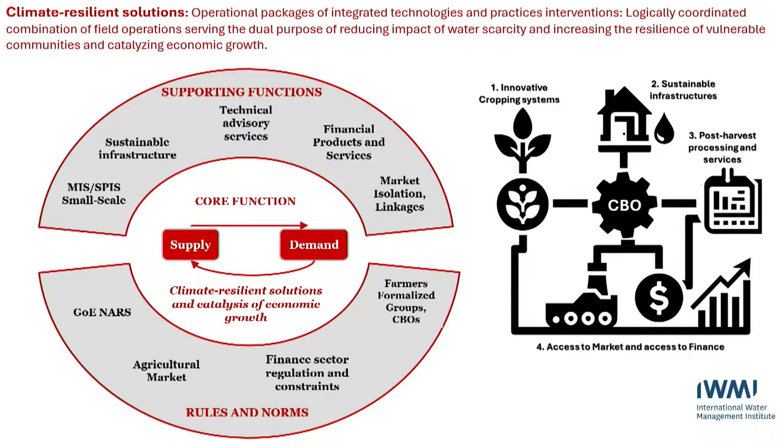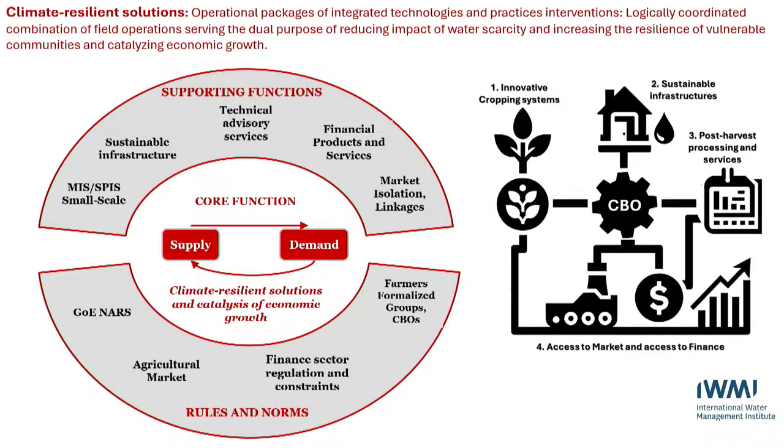Also infrastructure for partial processing of harvested products that allow you to cope with price volatility. We look at the technical advisory service providing systems, whether for the private sector or the public sector, the existing financial products, and we assess the market isolation and linkages of these farmers.